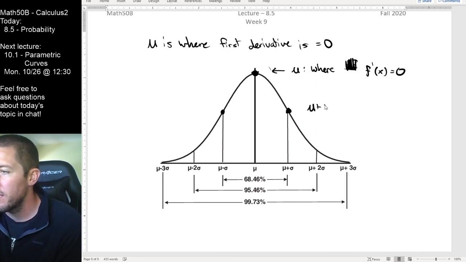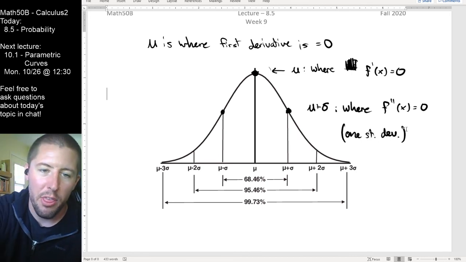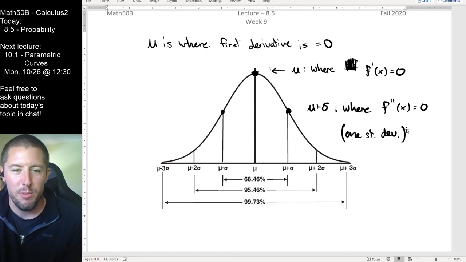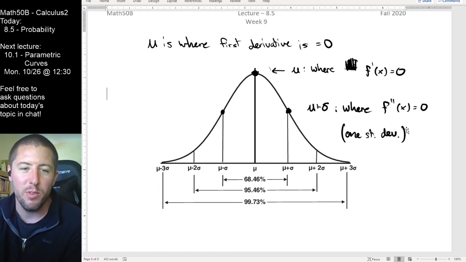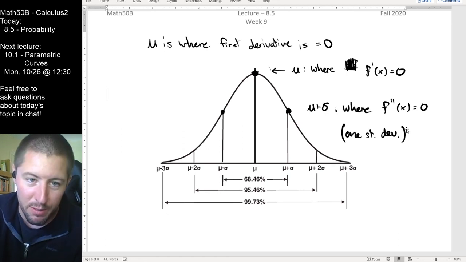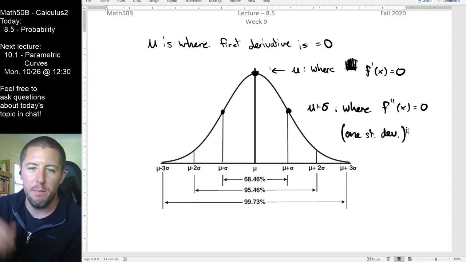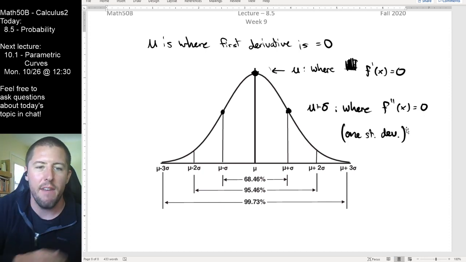So mu plus sigma, that's where f double prime of x is equal to 0. So the really cool thing about all of our normal distribution quantities, the average is where the first derivative is zero of our distribution function, and the standard deviation is where the second derivative is equal to zero. It's our inflection point. It's exactly where we change from being concave down to being concave up on this function right here.